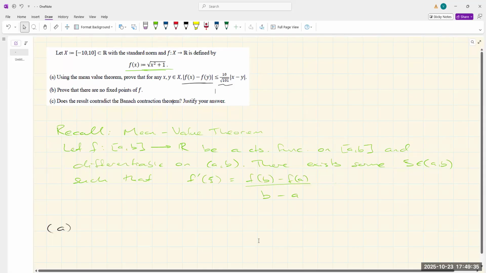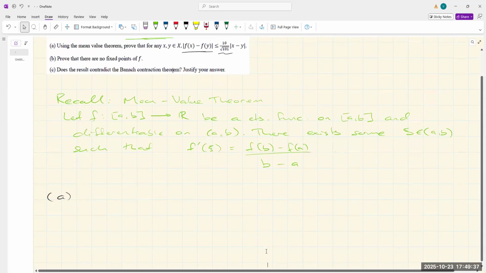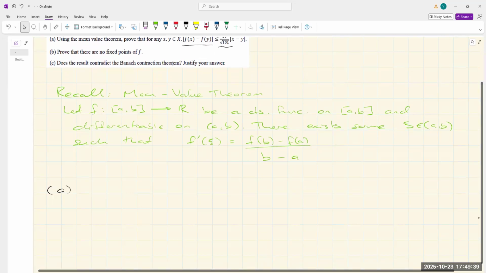So let's go down a bit. Okay, so let f of x be the function, square root of x squared plus 1.